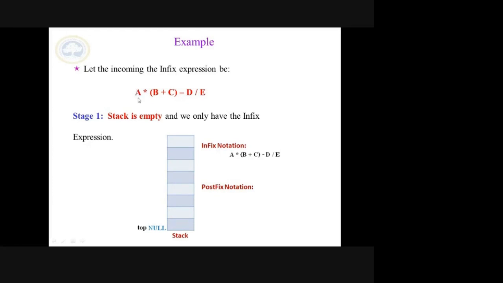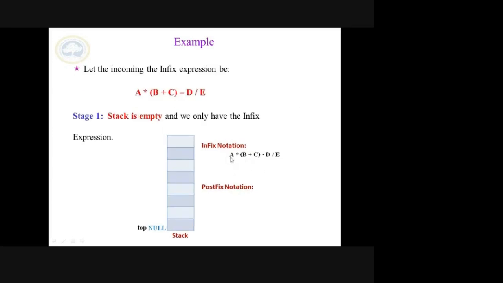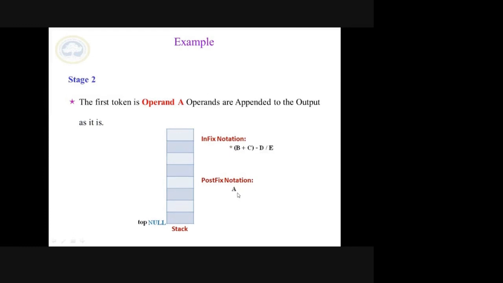See my cursor, the pointer, on the infix notation, which is a star b plus c minus d slash e. A is an operand, so I won't push it inside the stack, instead I will write it in the postfix notation. So A is placed over here.